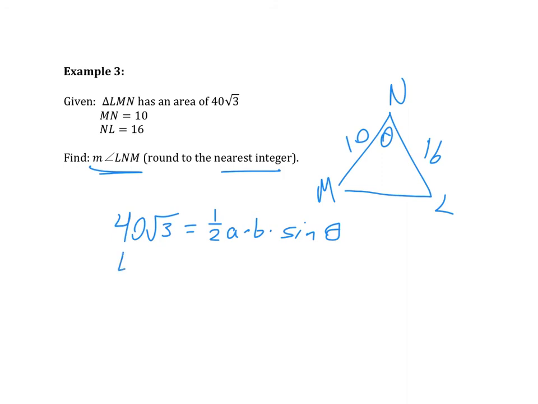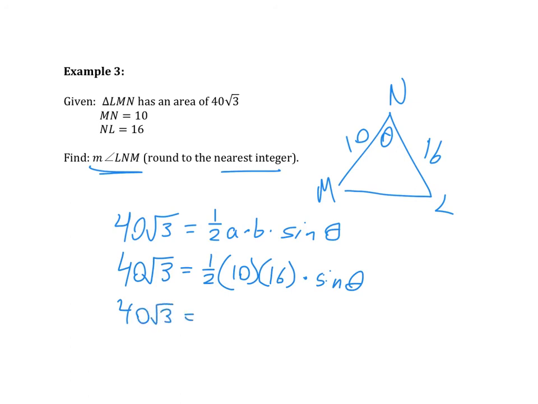So I'm going to substitute those in. 40 root 3 equals 1/2 times 10 times 16 times the sine of theta. So 40 root 3 equals 80 sine theta.